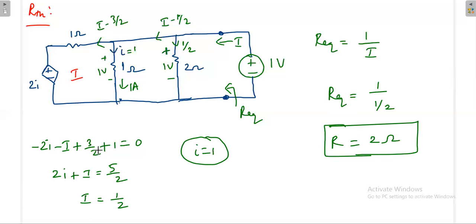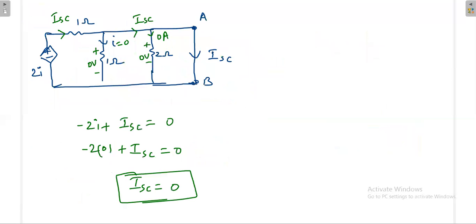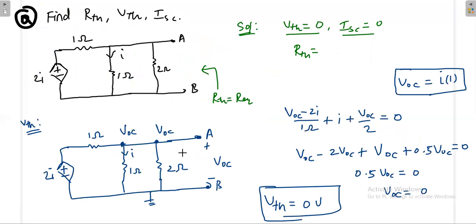Again, purposefully I have removed this, because I think you can compare this with the previous cases. Purposefully I have removed the effect of the independent source, 2 ampere. If you compare with the previous case problem, there was 2 ampere present in between this resistance.